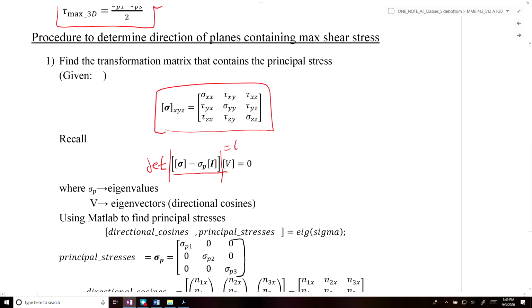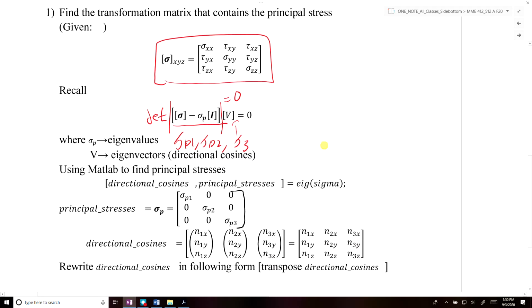If you set that equal to 0, you end up with a cubic equation, which you can solve for our 3 principal stresses, sigma p1, sigma p2, and sigma p3. Using those, you can plug them back into the original equation, multiply by the eigenvector, and set it equal to 0.